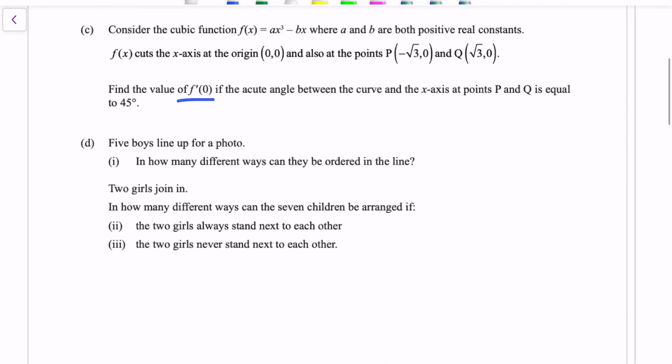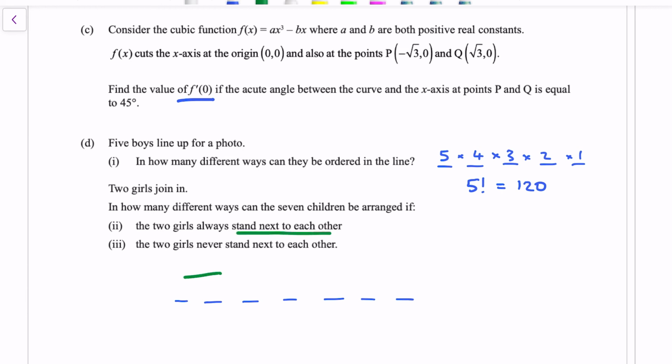Okay, so how many ways can the 5 boys be ordered in the line? It's 5 slots. 5 people can go in this one, 4 people can then go in this one, and so on. So 5 factorial is the answer to that question. 120. 2 girls now join in, so there's now 7 positions in the line. We're treating the two girls as one entity because they're going to be standing next to each other.